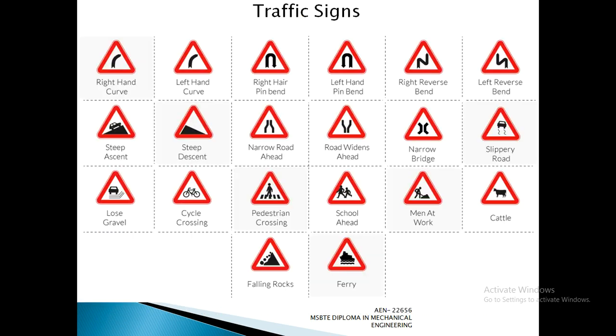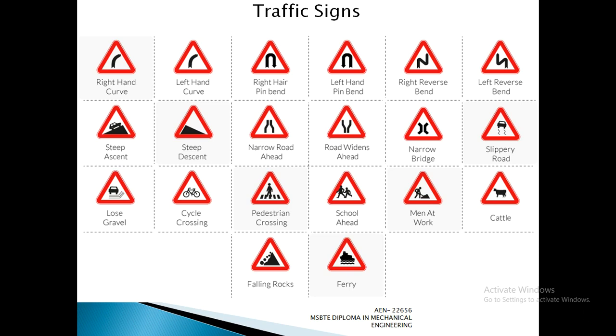Now these are certain traffic signs. Each and every traffic sign is shown on a triangular board, and the symbol present in between defines each and every warning. For example, if a triangular board shows a man crossing on a pedestrian path, then while driving, if such a signboard is seen, you can say that there are pedestrians crossing the road, so you have to drive slowly.